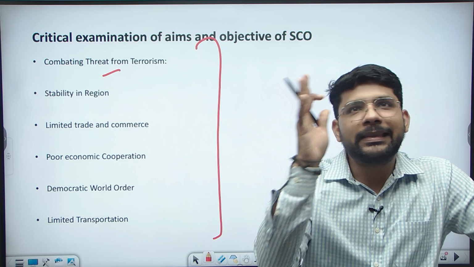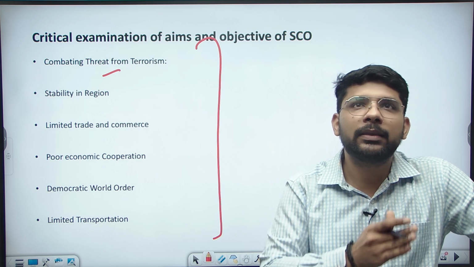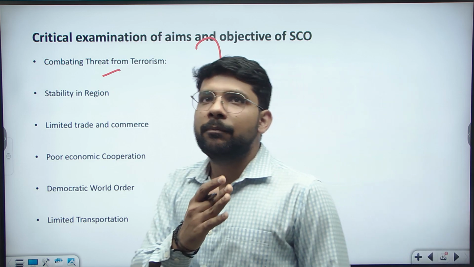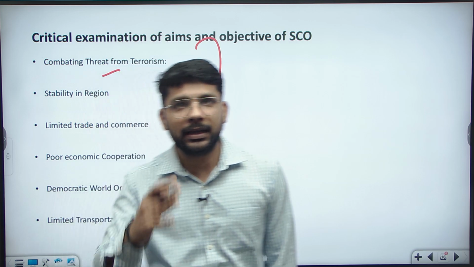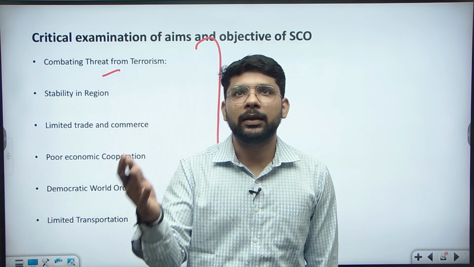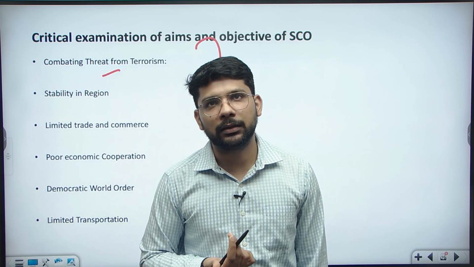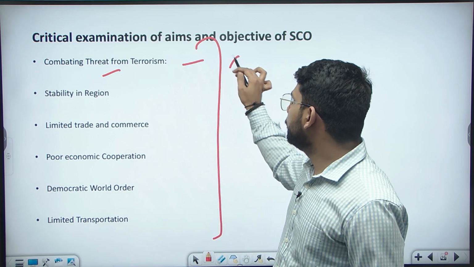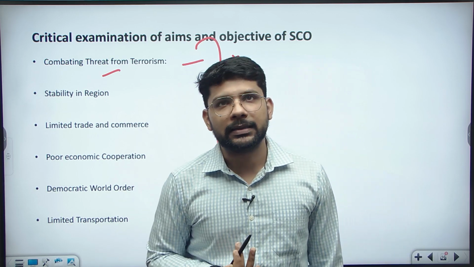On the one side they are saying we are combating threats and terrorism, but on the other side they are legitimizing the Taliban government in Afghanistan. So this is the counter issue. We can write about both lines here.